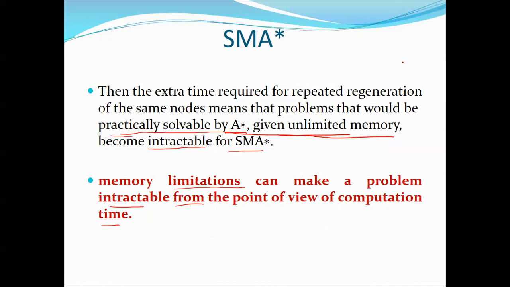Again the memory may become full, and again its working style may change. If this continuously happens, the problem may become unsolvable or intractable. Originally, as per the A star algorithm, the problem is tractable, provided unlimited memory. But with SMA star, the problem may become intractable.